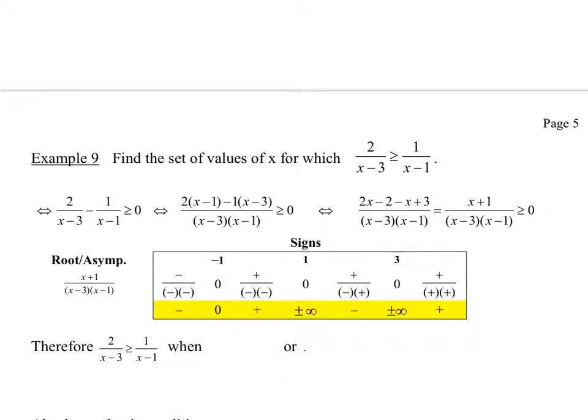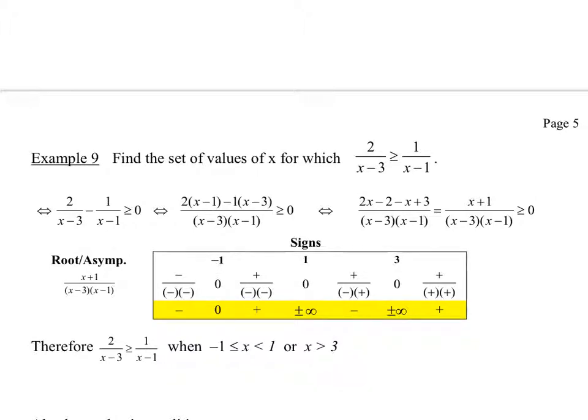We're looking at when the whole expression is positive. So we can just write that down. It's when x is between negative 1 and 1, that's from this zone in here, or it's when we have x bigger than 3, this zone over here, where it's positive.